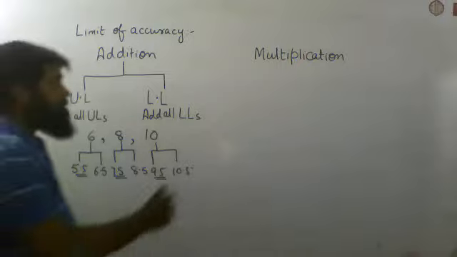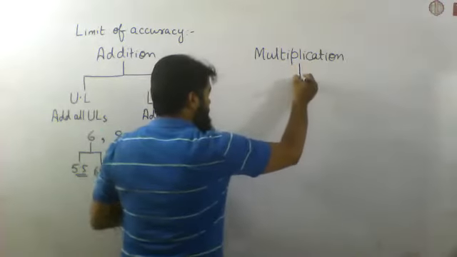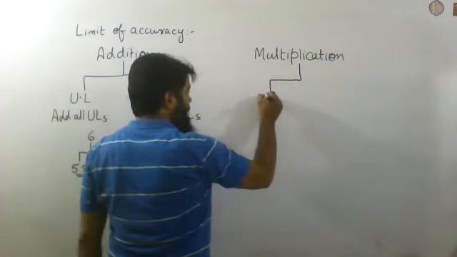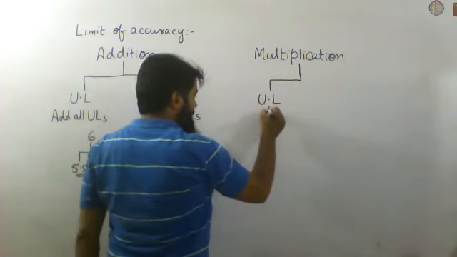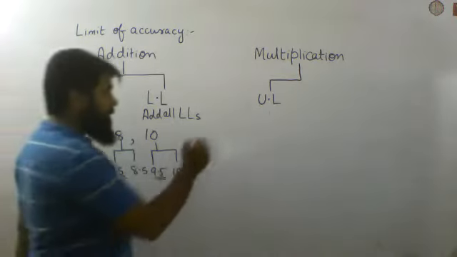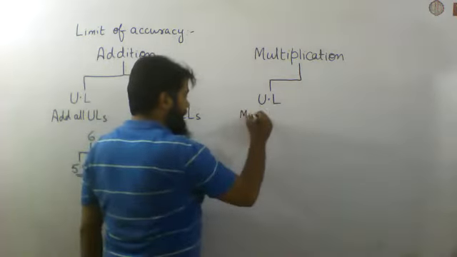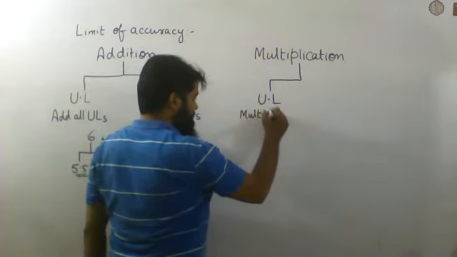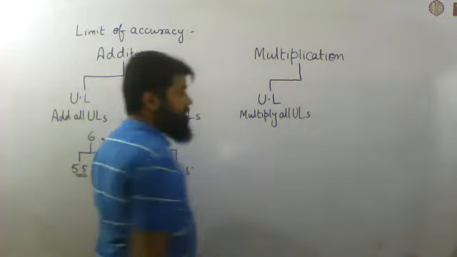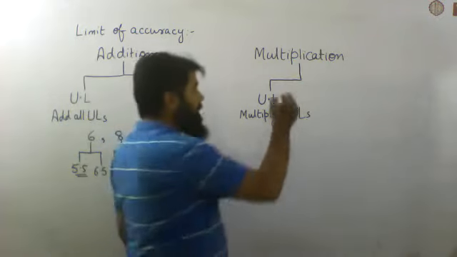Okay. Same thing is here for multiplication. In multiplication, if you have to find the upper limit, what are you going to do? You will multiply all upper limits, right?